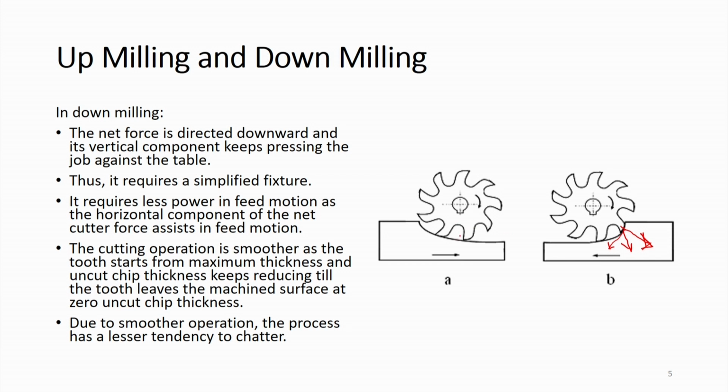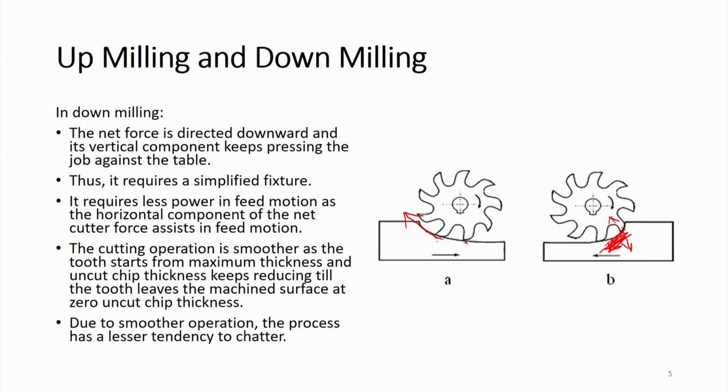In up milling, what will happen? If we see, you have a force coming like this and then that force is like this here. In down milling also, suppose this is the force on this, and even if there is a radial force like this, its component in the radial force direction can be shown like this.